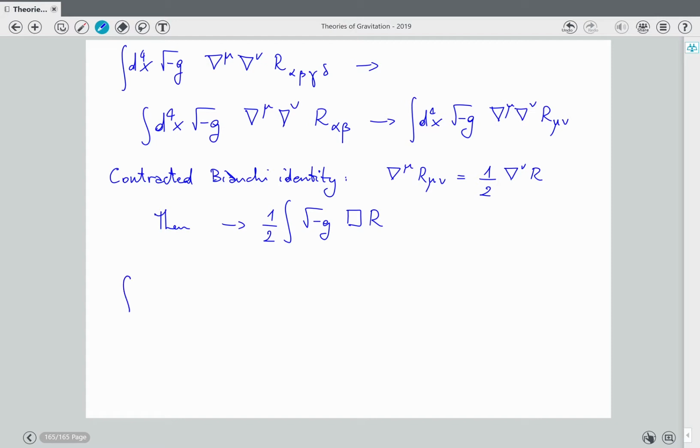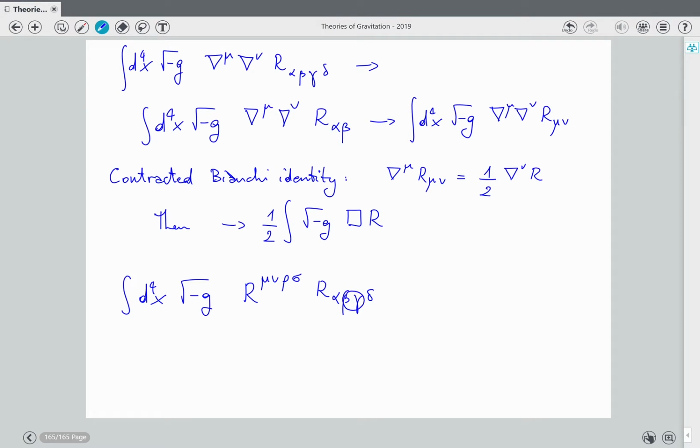And then what about those that can be built with no derivatives and two Riemann tensors? They still have dimension 4. So let's say R mu nu rho sigma, R alpha beta gamma delta. How can we contract those indices? Well, if you contract two indices within the same Riemann tensor, you have only one possibility.